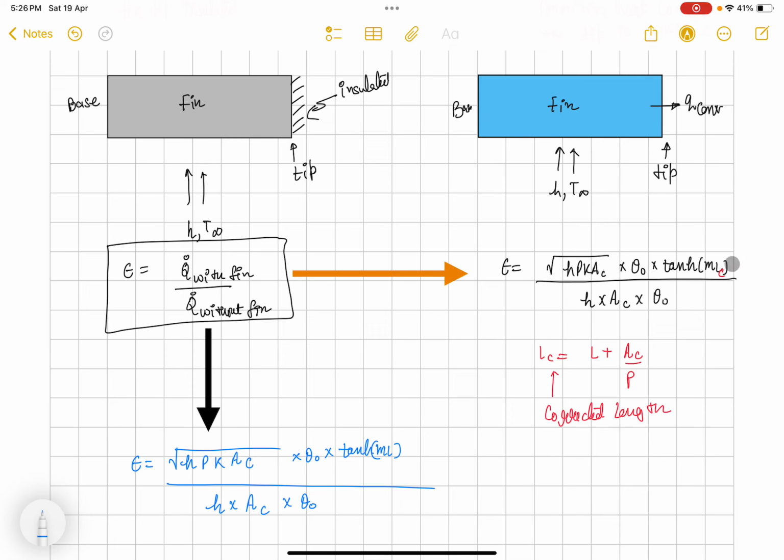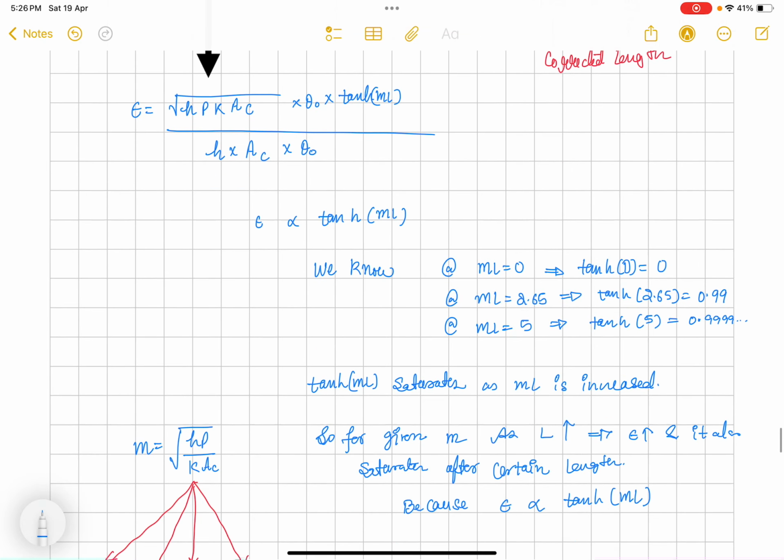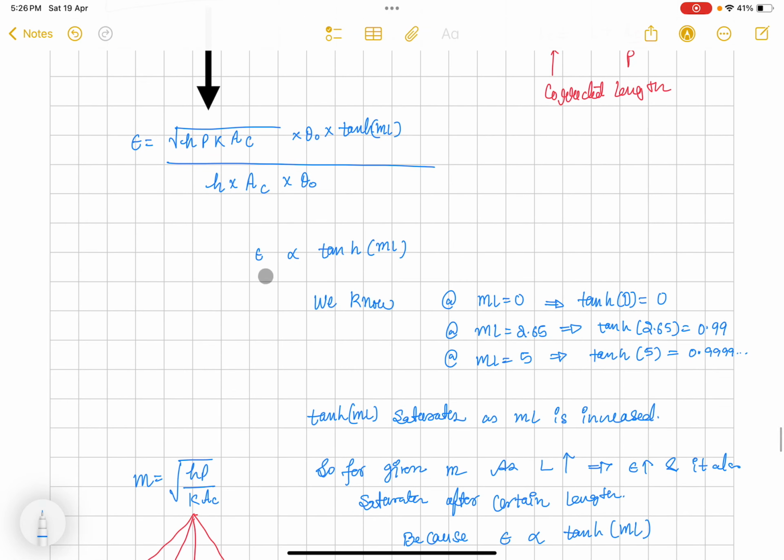All right. And for the fin where convection is considered from the tip, in this expression L is replaced by the corrected length. We have seen how to find this corrected length for the finite length fin with convection considered from its tip. It is L plus cross sectional area divided by parameter of the fin. All right. So this expression gives us the dependence of the fin effectiveness on the length.